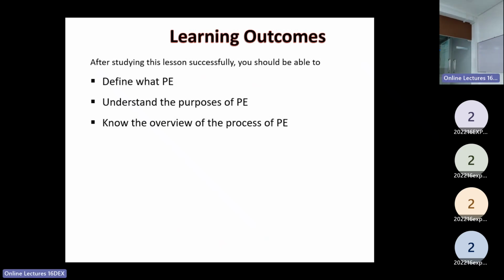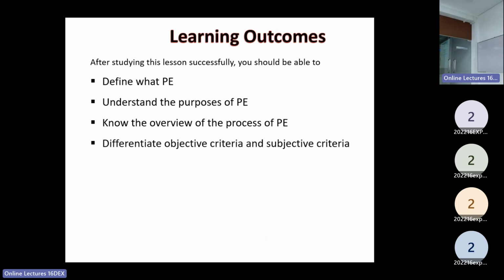You may not have hands-on experience in performance evaluation, but you can follow the model that I am going to share with you today. I'm sure that you can do a good job. So these steps are very easy to follow. Okay, so we will discuss. This is the essence of our discussion today. If you know the process of performance evaluation, you know everything.